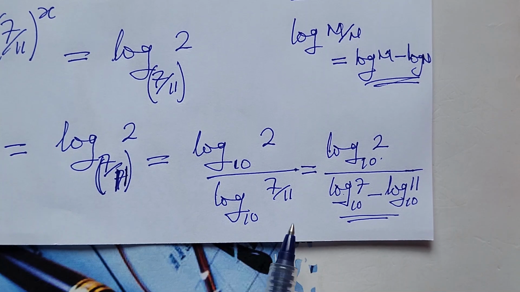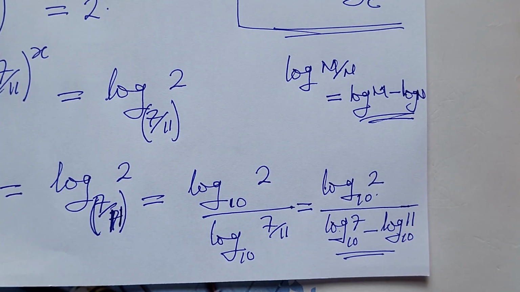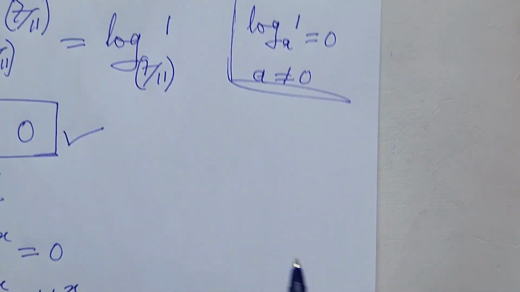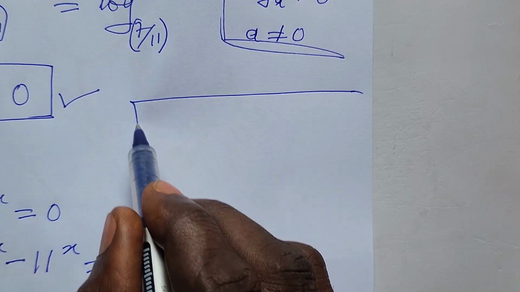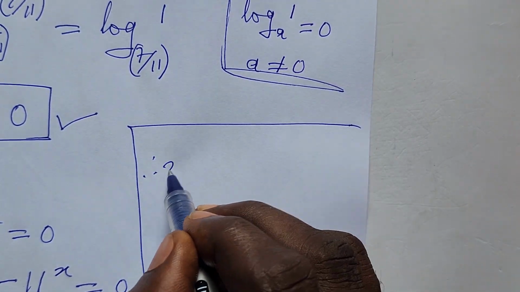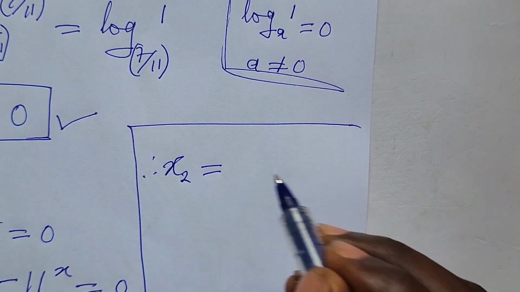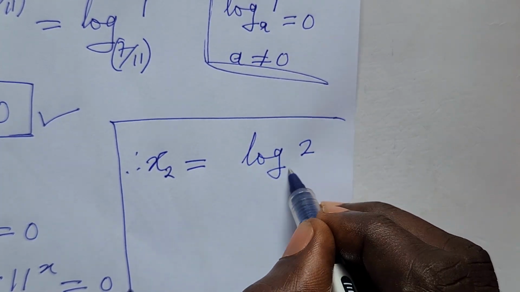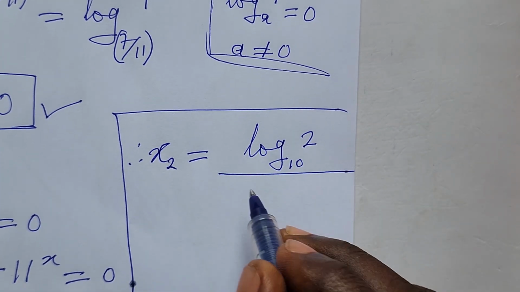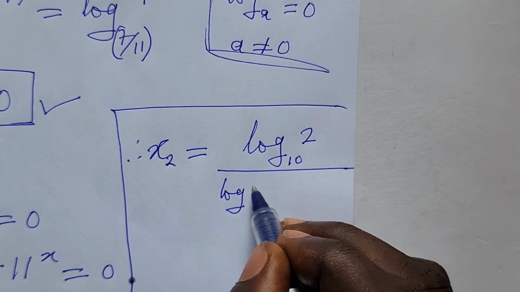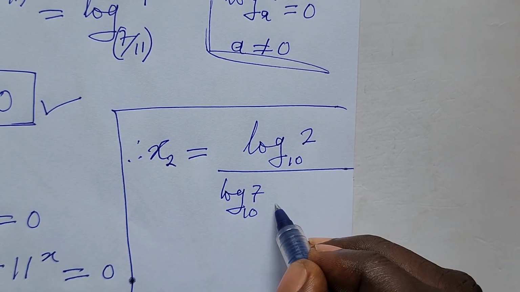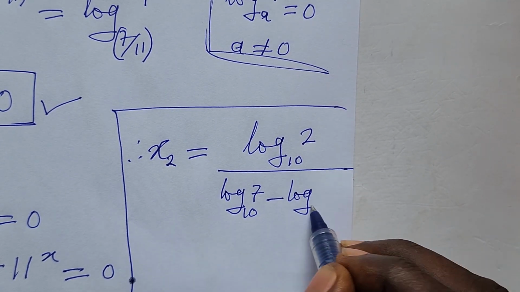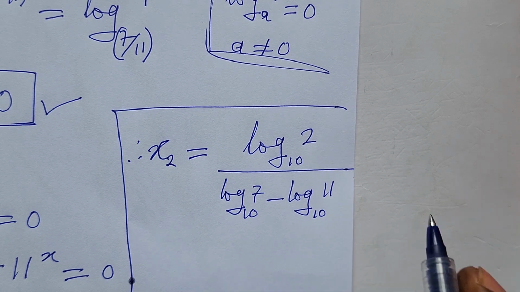Okay, so what is our x2 now? So let's write out our x2 very well. Therefore, our x2 is equal to the log of 2 base 10 all over the log of 7 base 10 minus log 11 base 10.